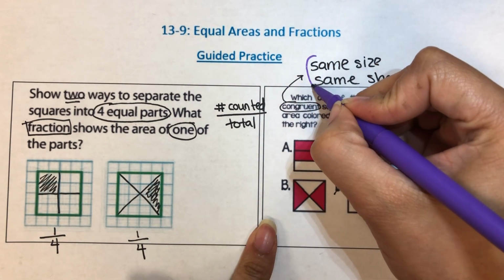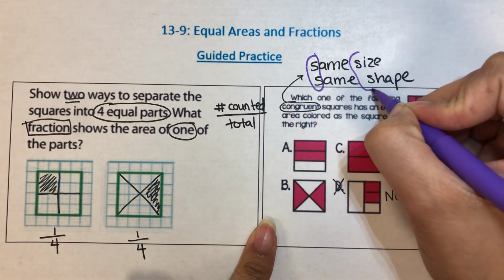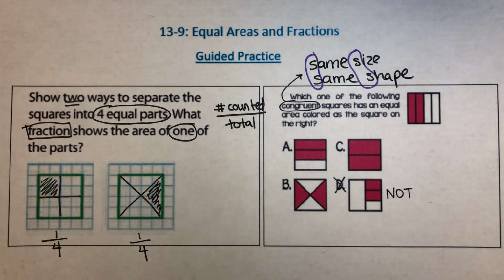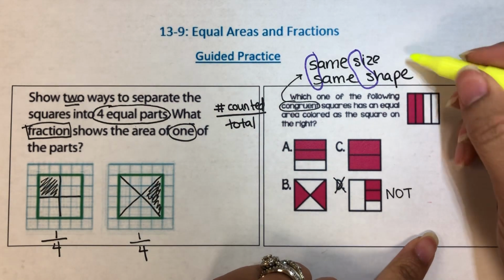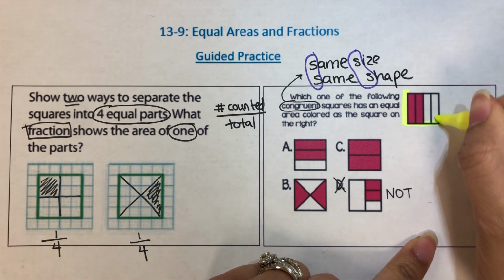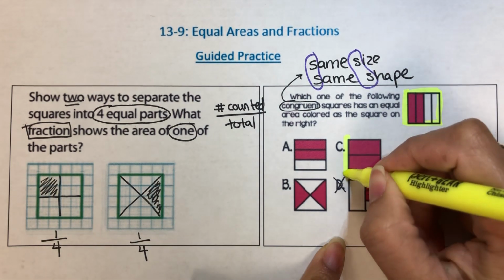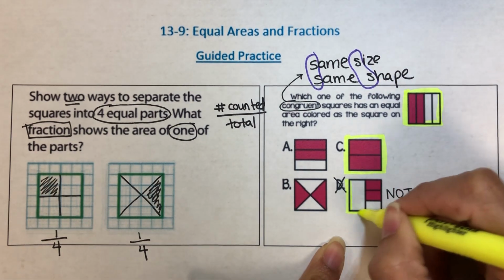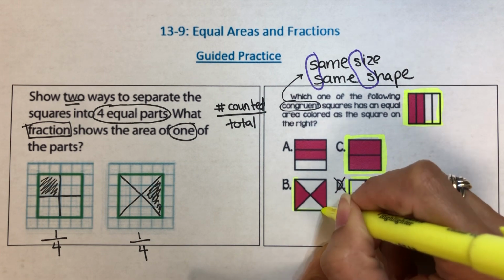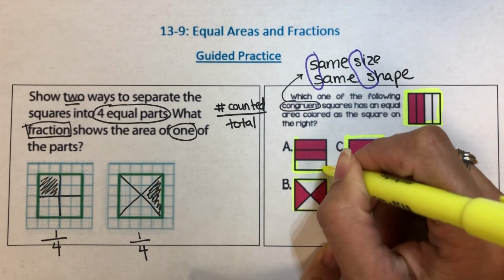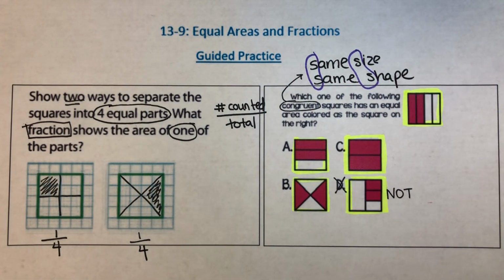And we can remember that by the S's. And what we're talking about is the whole. With fractions, we talk about wholes. The whole is the same. It's the same square. We're not comparing a king-size chocolate bar to a snack-size chocolate bar. We're comparing the same wholes.